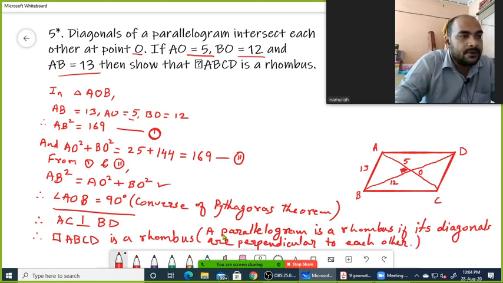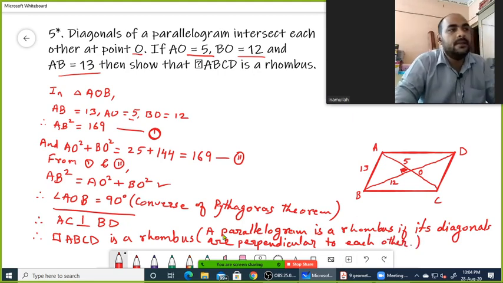So we took help of this property, that a parallelogram is a rhombus if its diagonals are perpendicular to each other, to prove that quadrilateral ABCD is a rhombus. Hope it is clear to everybody.